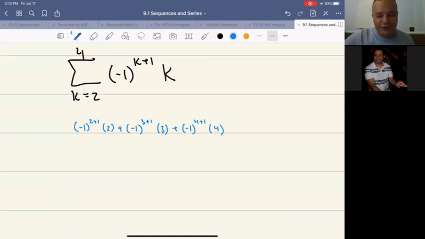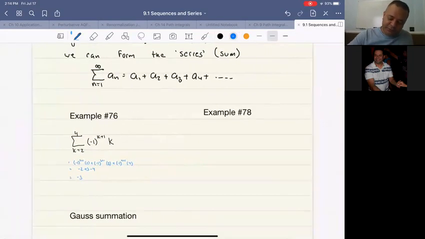Now we need to do a little bit better than that. Negative 1 to the third is negative, so negative 2 plus 3 minus 4. That's going to be negative 3.